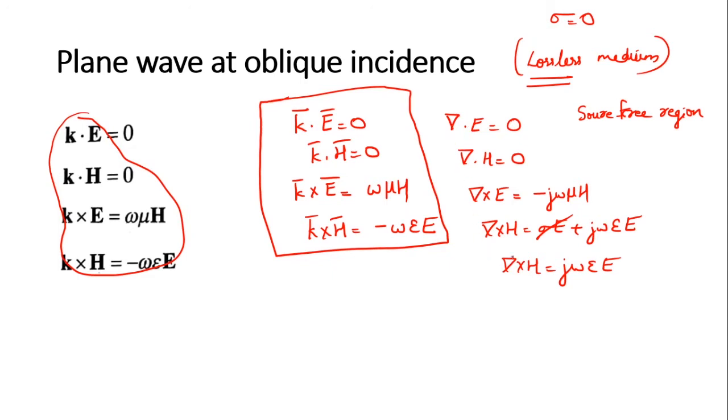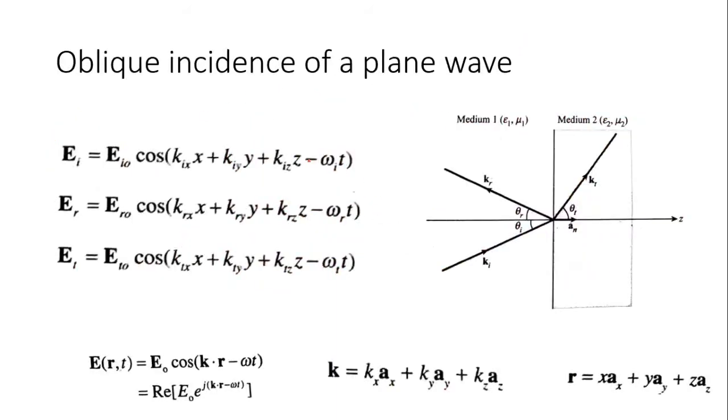For all the del operators, instead of del you wrote K, and for the third and fourth Maxwell's equations, you took the complex conjugate and removed the j component. So these are the equations that are valid when you consider a plane wave at oblique incidence.